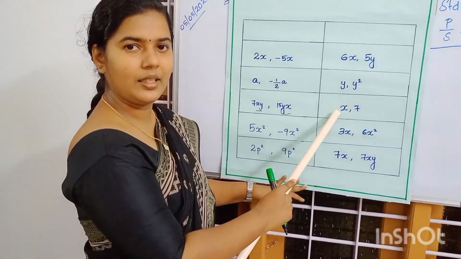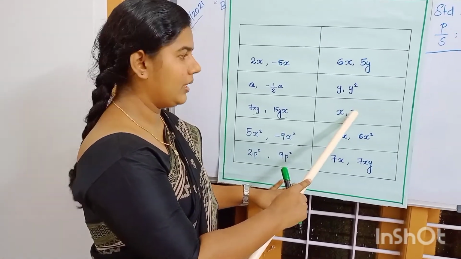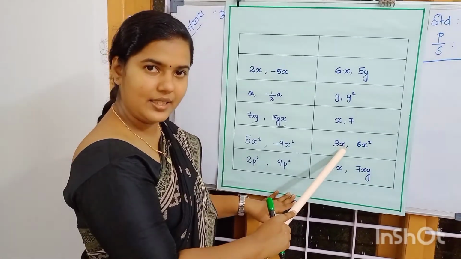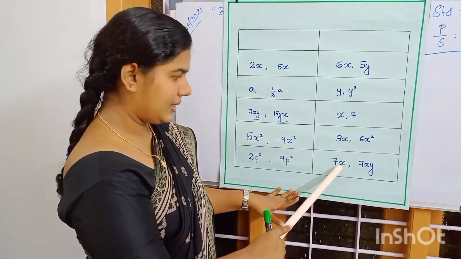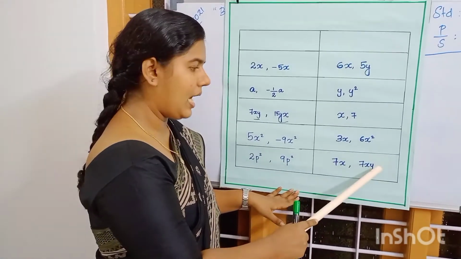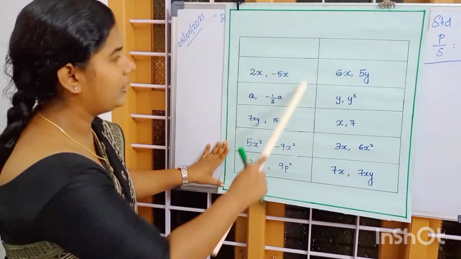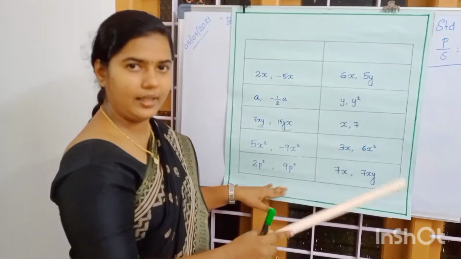Here, it's x and there is no variable. It's a numeral. And here, we have x and x square. Here, yes, it's x and it's xy. Here it is only a single variable and here we have two variables. So, these all constitute a set and these all constitute another set.